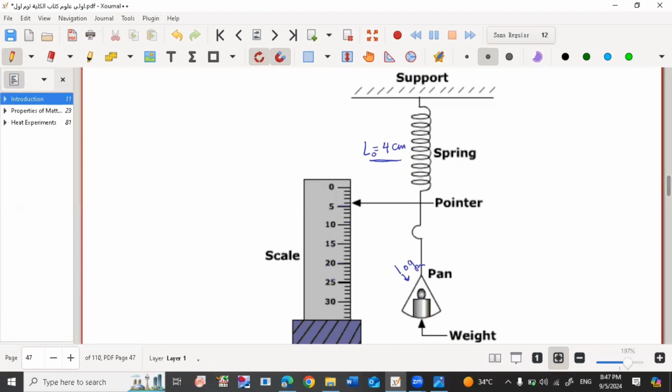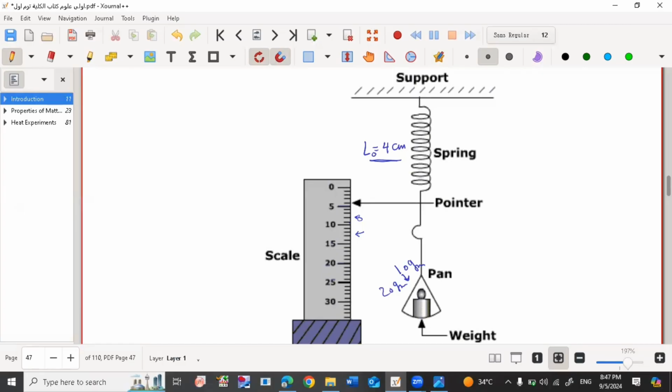It maybe will be 9 or 8. So if we add here 20 grams, this means this pointer maybe here, and it will be maybe 13. And we will continue adding different weights here, and then each time we're going to record or write down our change in the length.